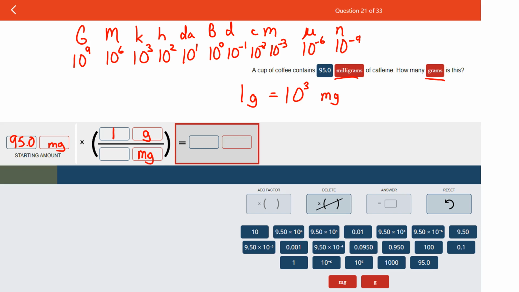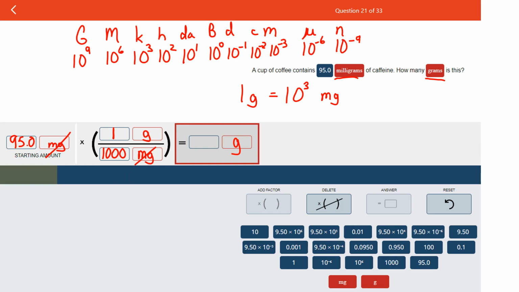I'm looking down here at my answer choices. I don't see 10 to the third on there, but what do I see that's equivalent to 10 to the third? 1,000. So I'm going to slide that 1,000 right there. And then if you set it up correctly, the computer should automatically X out the milligrams, showing that you're left with grams. So now all you have to do is take 95 divided by 1,000, and it brings it in there. All right.